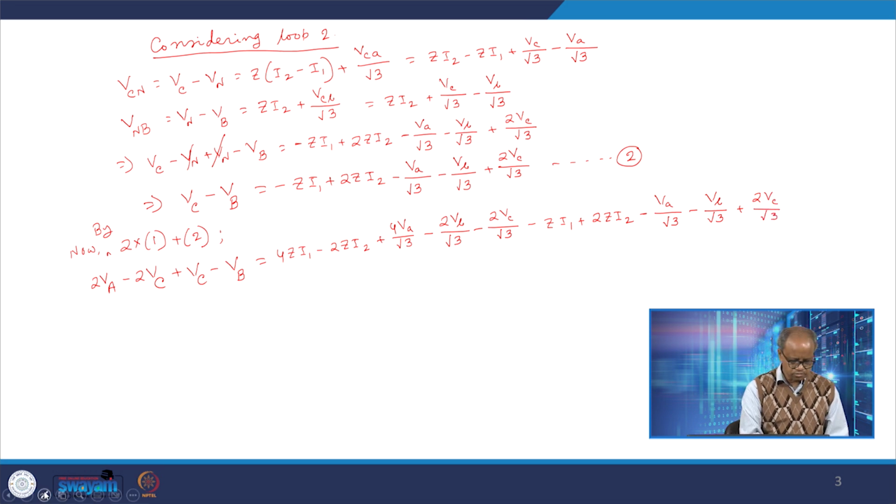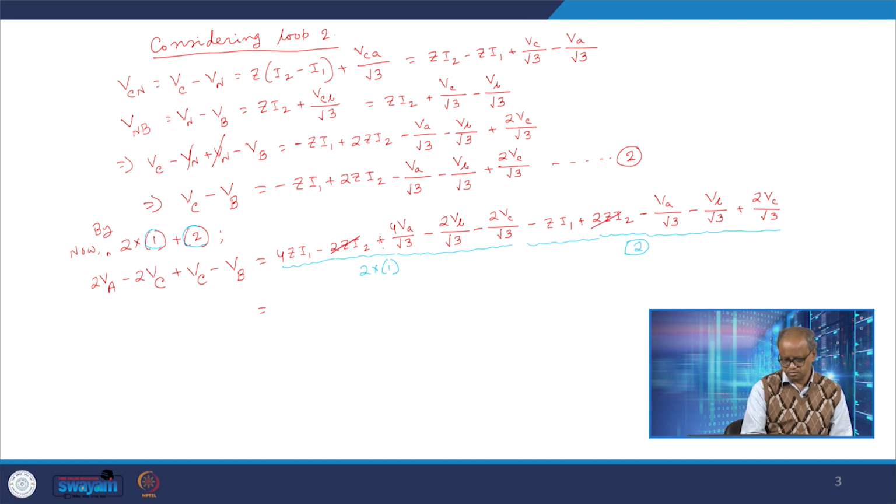Just to notify, this portion is nothing but 2 into 1, and this portion is nothing but equation 2. It is equation 1, equation 2, and we are adding them.